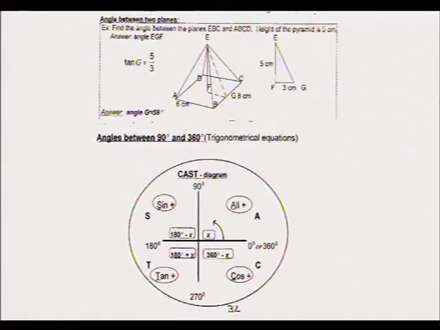Right, so we go from 0 up to 90 degrees, and then from 90 to 180, from 180 down to 270, and from that one again back to 360 or 0. So we start from X. There's your CAST diagram, A, C, S, T.